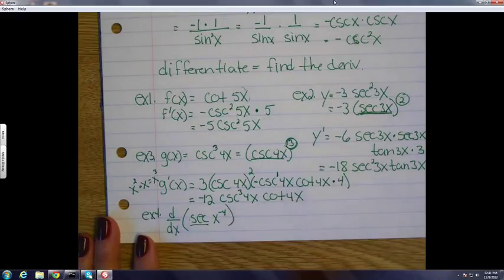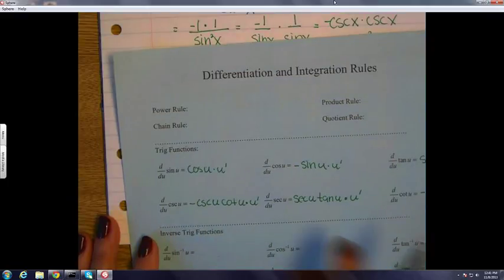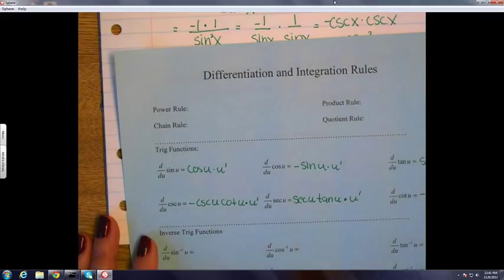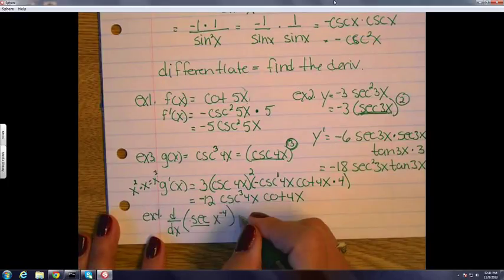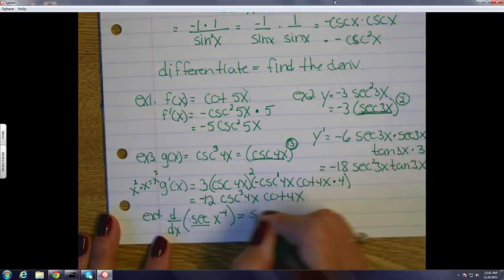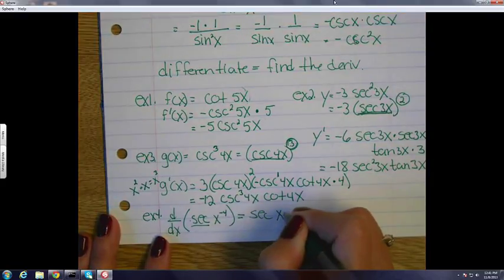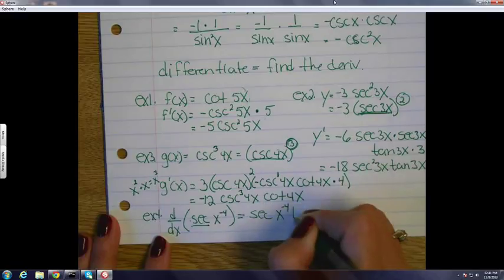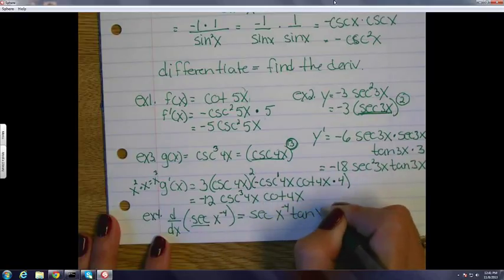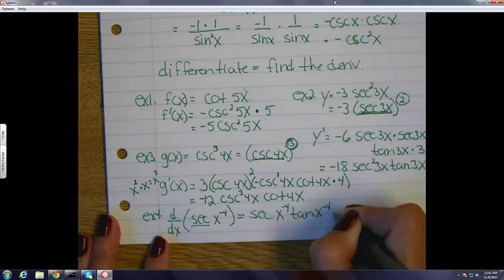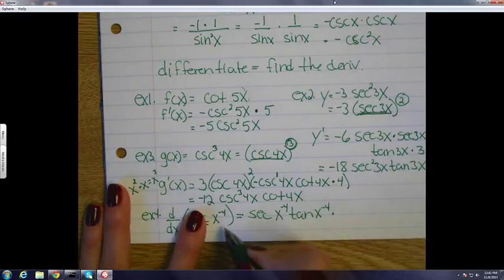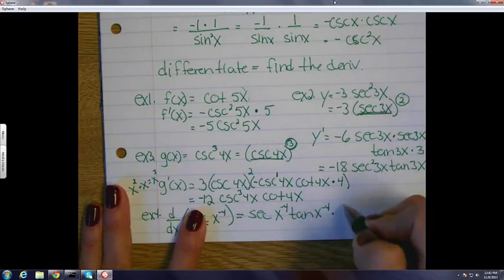Well, secant's derivative is secant times tangent. So I just do equals secant times tangent times the derivative of the angle. I do a little power rule. -4 comes down.